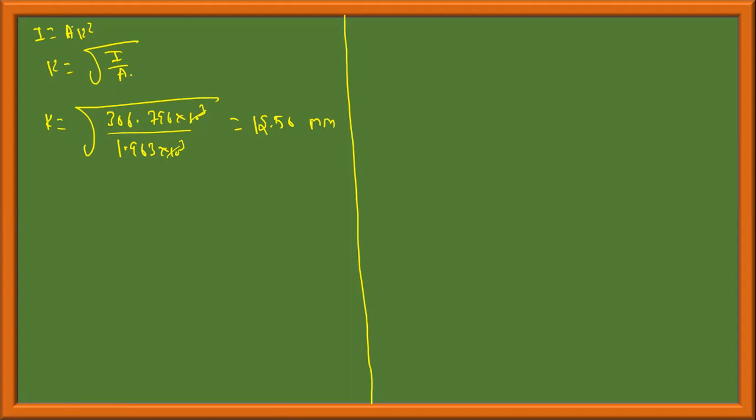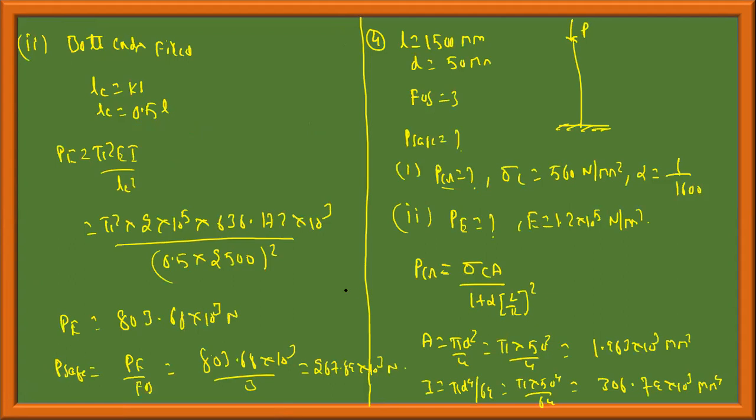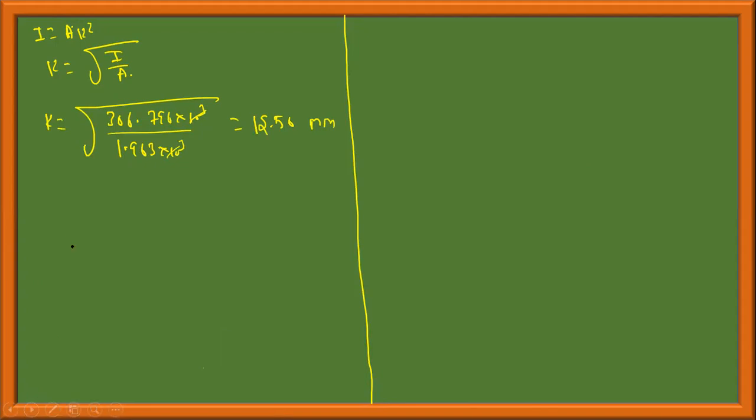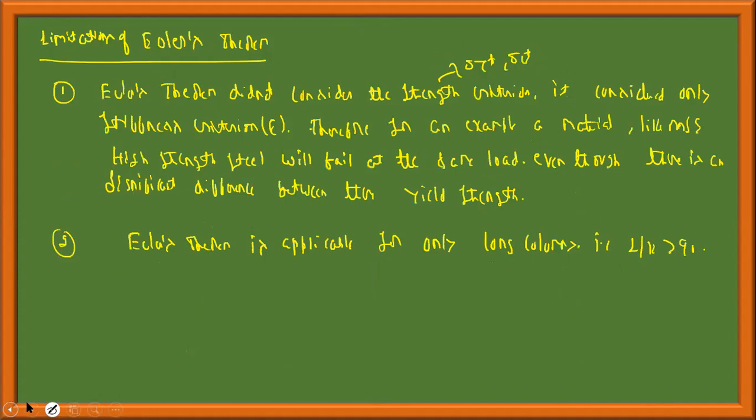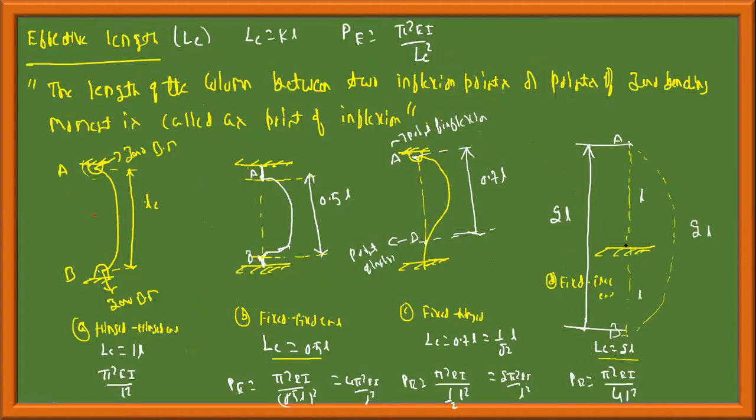12.50 mm. And see what he has given, we should always be careful. We should not directly substitute in the formula. One end fixed, other end free. So effective length will be LE, which is equal to K times L. One end fixed, other end free, it is twice the length.